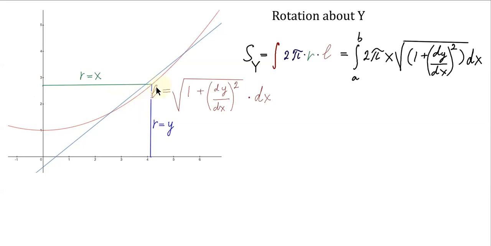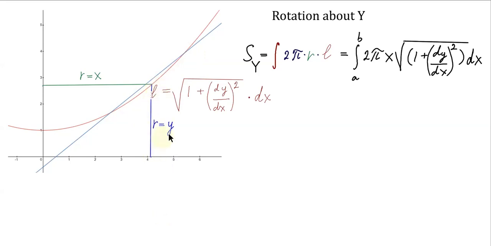So the radius of rotation around the x-axis now, around the horizontal axis, it's a flat picture, but we need to use imagination because we are actually in 3D space. So this piece of the red curve, small l, is being rotated around the x-axis.